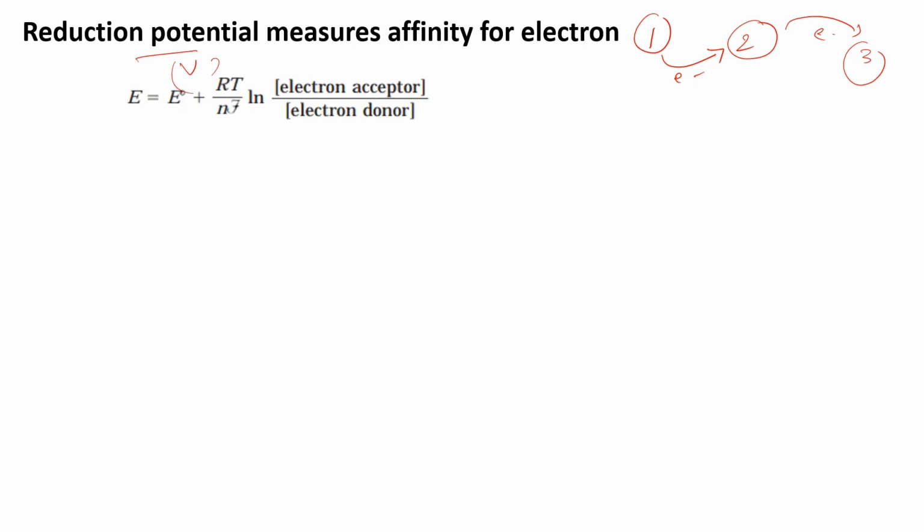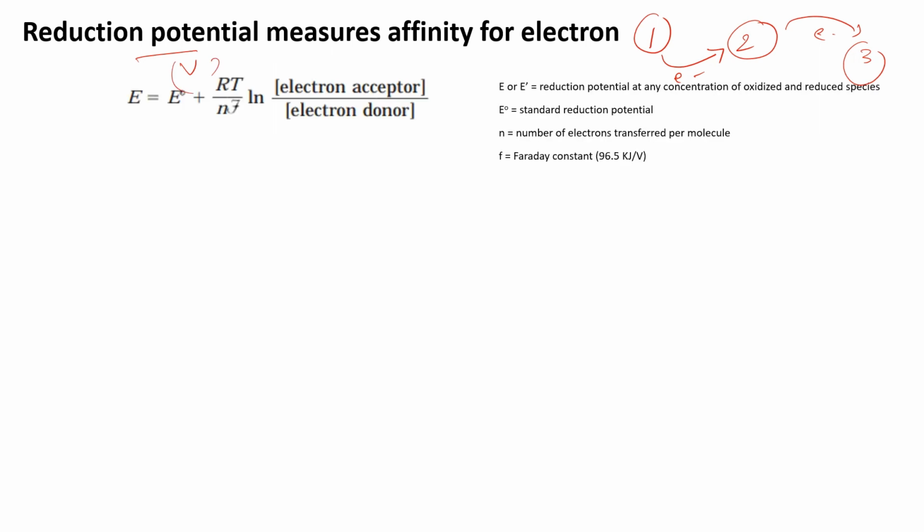The formula is: reduction potential at any concentration is equal to reduction potential at standard concentration plus RT divided by nF, where n is the number of electrons transferred and F is the Faraday constant, times the log of the concentration of electron acceptor over the concentration of electron donor.